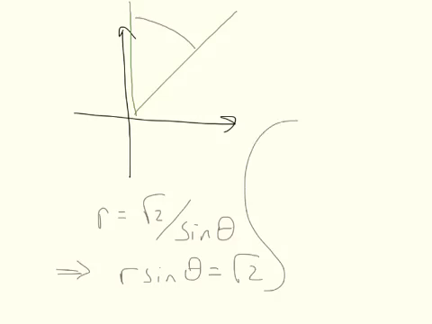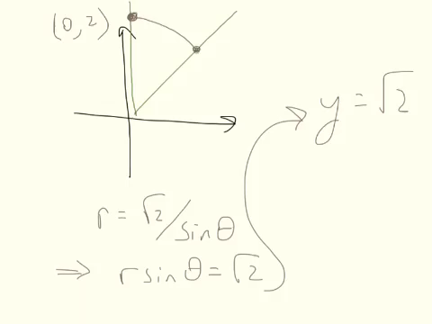It's always easier to graph if we're living in rectangular coordinates, so we're going to turn this into y equals root 2, because we have a lot more experience graphing in rectangular than in polar. Now we have to figure out where y equals root 2 is along this line. This point is (0, 2).